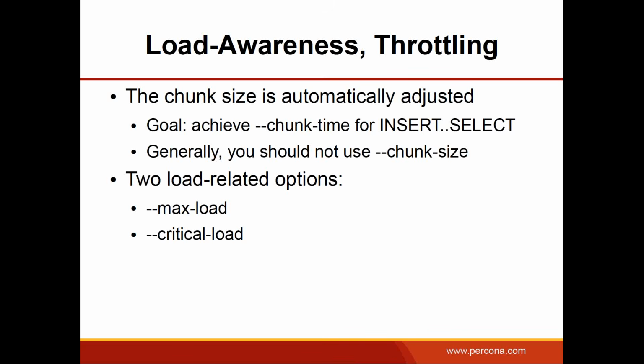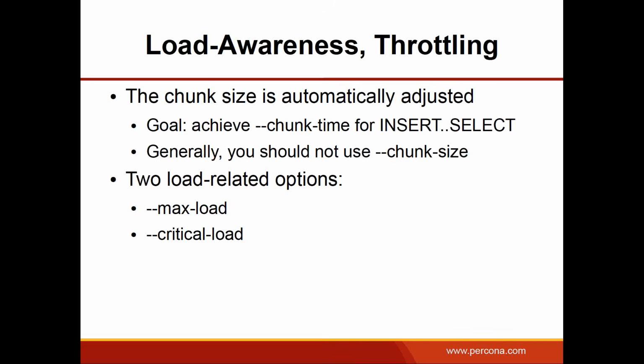So to prevent the tool from creating some triggers and causing an absolute runaway load problem that's going to cause your server to become unresponsive or fail to serve any of your real application queries, in addition to the max load, we also have a critical load where the tool will bail out.